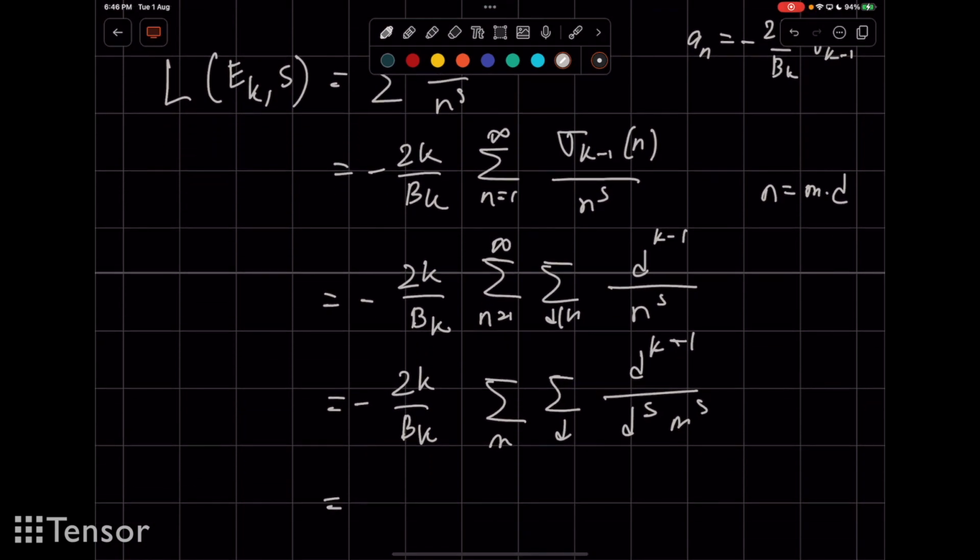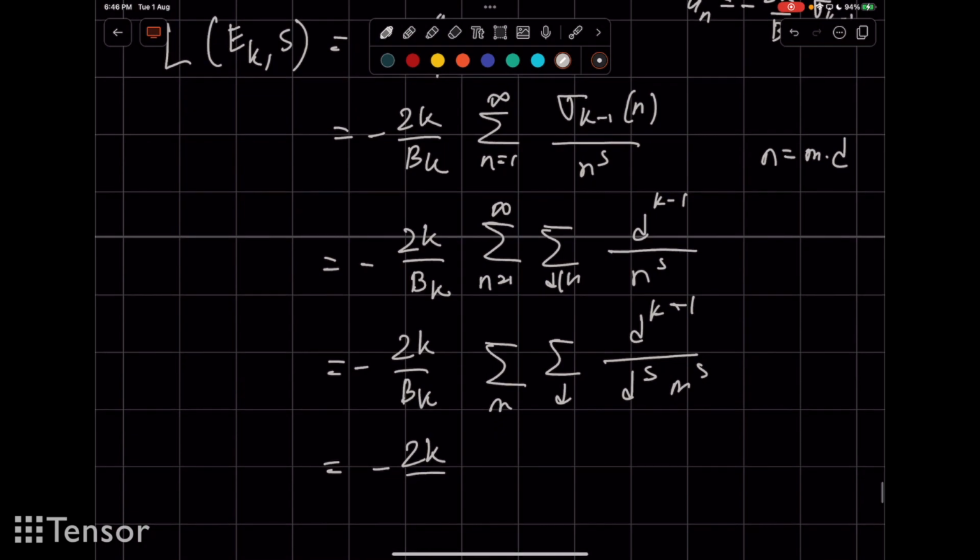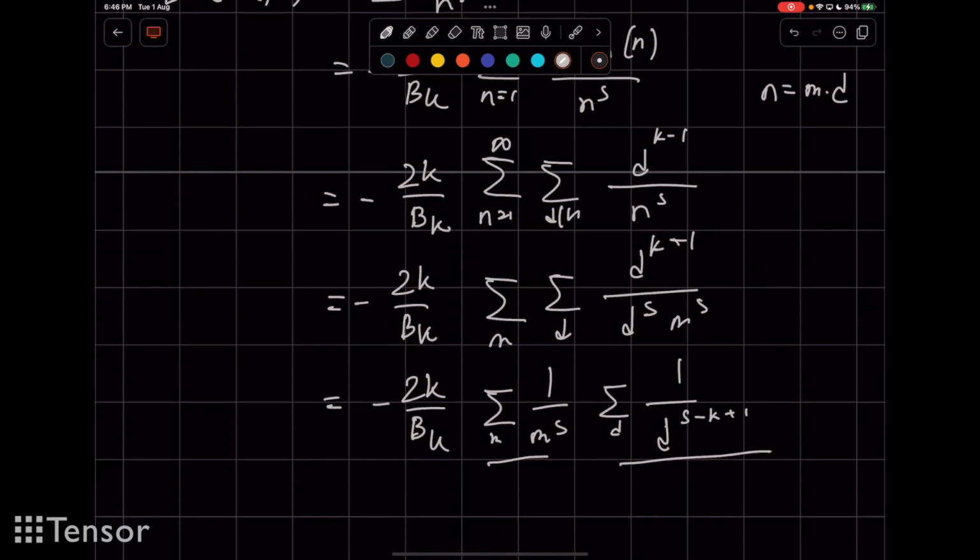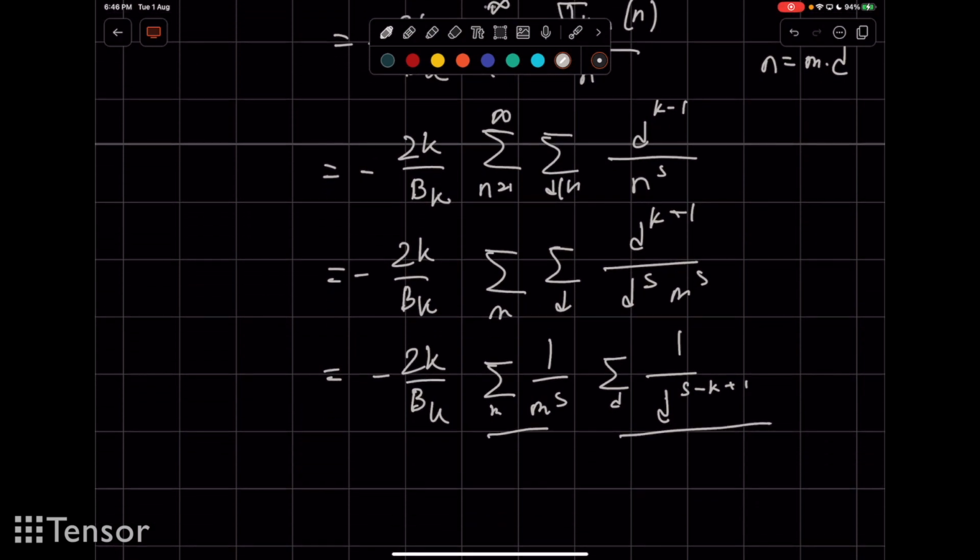Now can you see our favorite things emerging? The sum of 1 over m to the s, times the sum of 1 over d to the s minus k plus 1. And these are our favorite things, right? We care about the zeros of these functions. Zeta of s minus k plus 1.